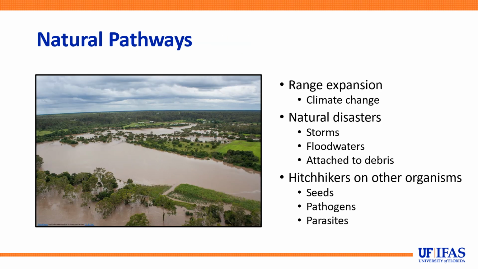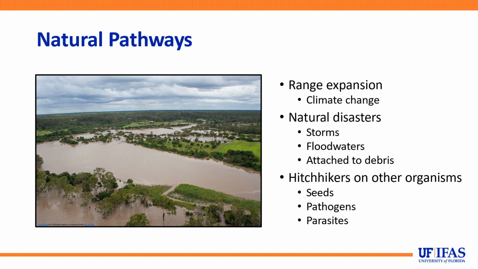We've talked about how humans can move and introduce non-native species, but non-native species can also move on their own. Climate change will impact weather patterns, frequency and amount of precipitation, and the number of days below freezing. This will give species opportunities to change their range, either seasonally or long-term.